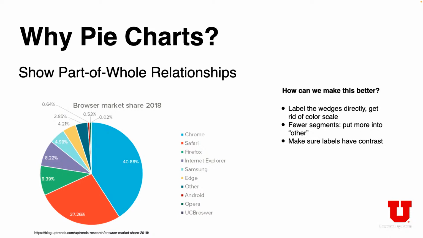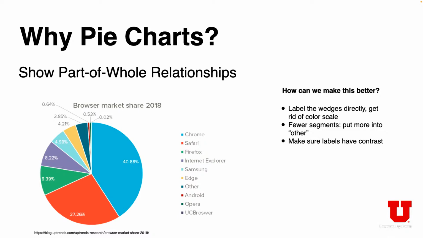But there are ways we can improve many pie charts, I would argue. So for example, it's really hard to figure out what the tiniest segments of it are. I am actually not sure if I can distinguish other from Opera, especially given how tiny it is. So be mindful of that, maybe bucket a lot of smaller things into other, but also be mindful of the fact that other can end up being a pretty large wedge that can also confuse people.